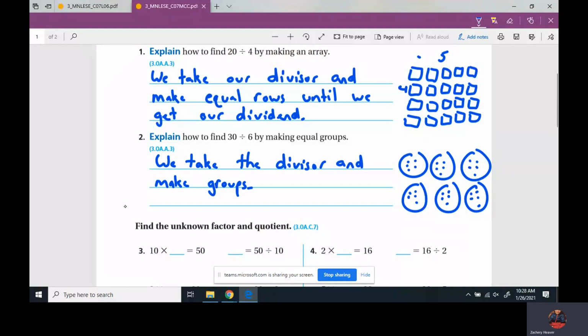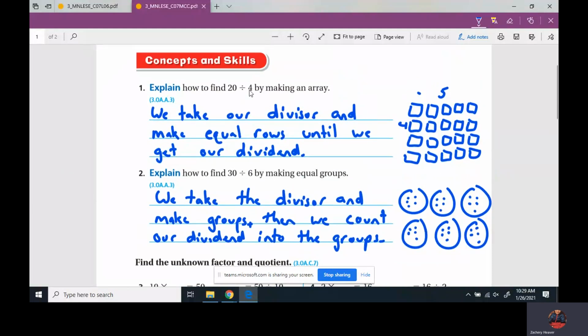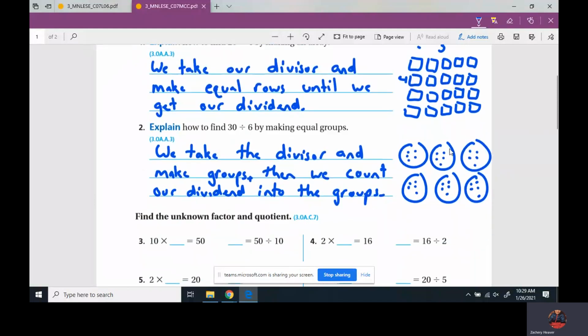And once we make the groups, then we count our dividend in the groups, which is 30. We count our dividend into the groups, like we just did. So take the divisor, make the groups, and then count the dividend in. Up here, you take the divisor, make the rows, and then count the dividend into the rows equally. Okay, very, very similar.